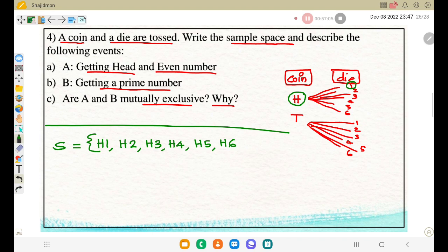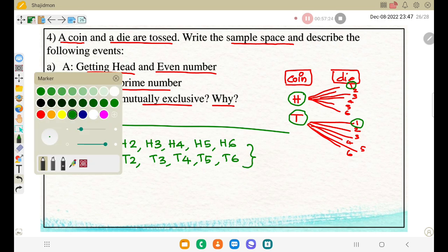Correct? Now what is the other one? Now we go to tail. T1, T2, T3, T4, T5 and T6. This is the sample space. Correct? 1 to 6 in both cases.